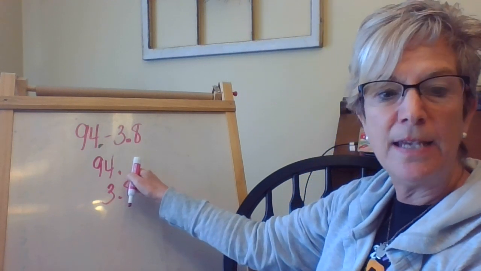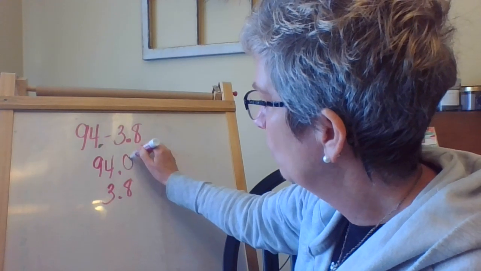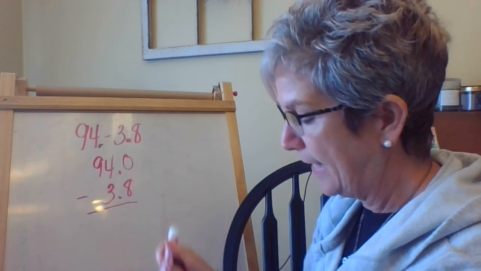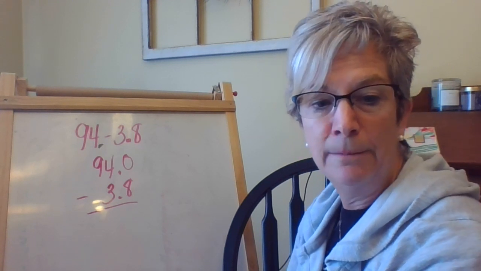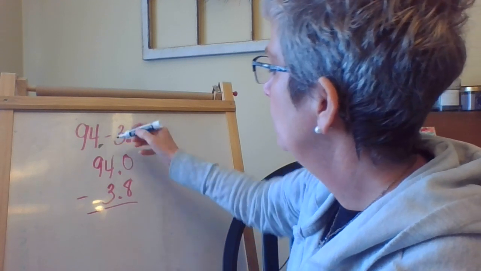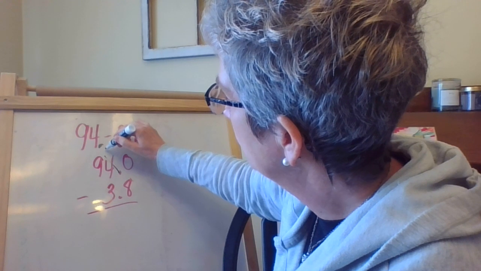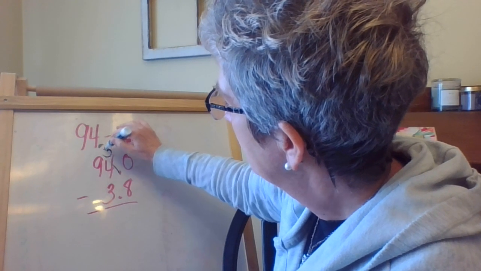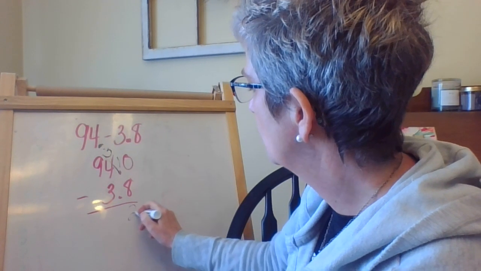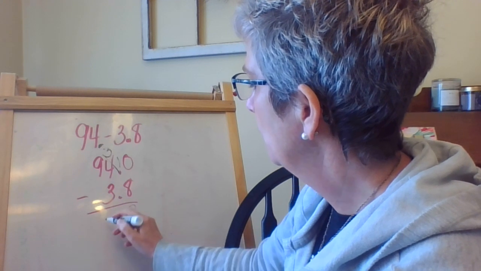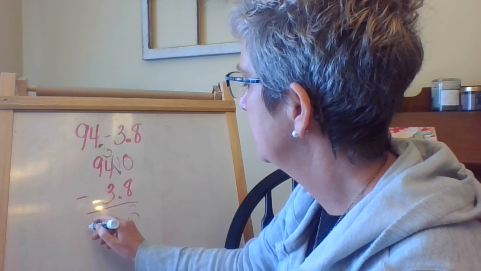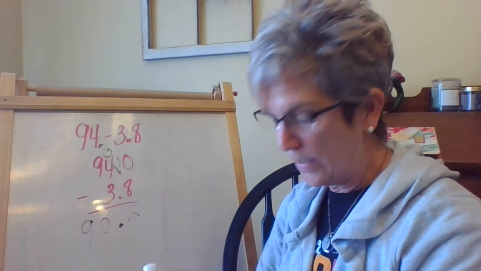I see this space up here. I'm going to put a 0 to hold its place. Then I can subtract. But guess what? I have to borrow. Go next door, more on the floor. 3. Now 10 minus 8 is 2. Bring down my decimal. 3 minus 3 is 0. 9 minus 0 is 9.